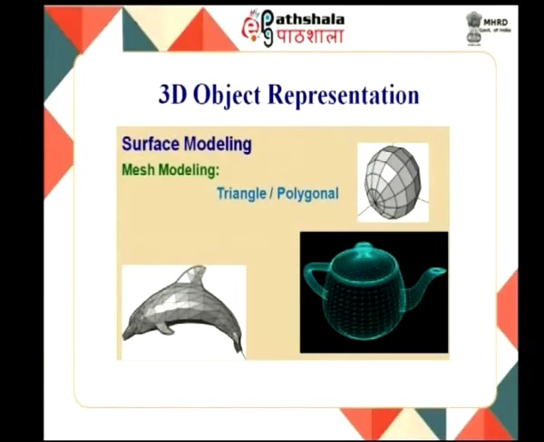For example, take a sphere. If you try to model the spherical surface using polygonal meshes, look at the slide: the shape is like a football, with closely packed polygons making up the spherical shape, but it still looks tessellated.